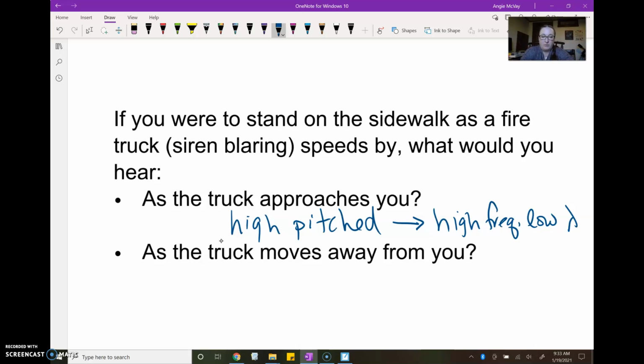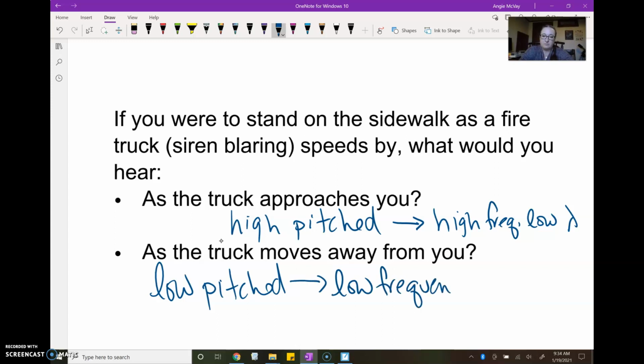As the truck moves away from you, the sound is more low pitched. Right, which means it's got a low frequency. High wavelength. Okay, so the waves are spread further apart when the truck moves away from us.